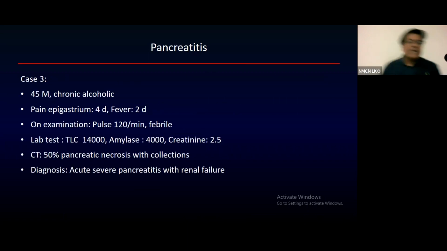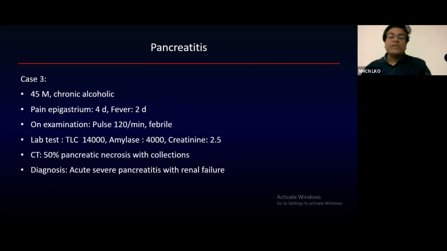Coming to pancreatitis, again, a 45 male, chronic alcoholic, pain epigastrium 4 days, fever for 2 days, pulse rate of 120, that is tachycardia, fever, high TLC, that is 14,000, amylase is high, there is organ dysfunction, that is renal failure, and CT is showing 50% pancreatic necrosis with collection.